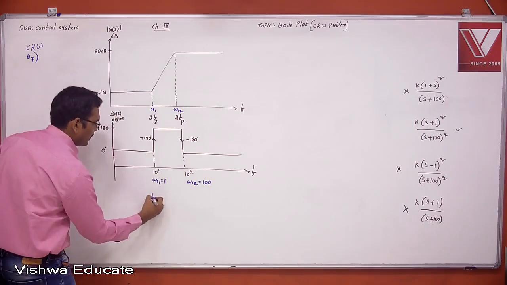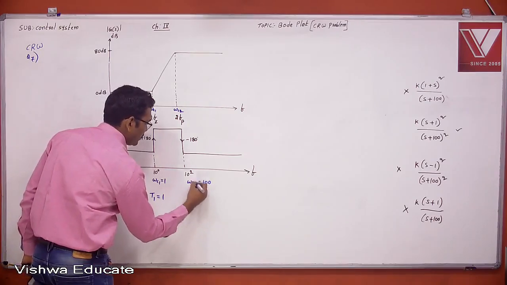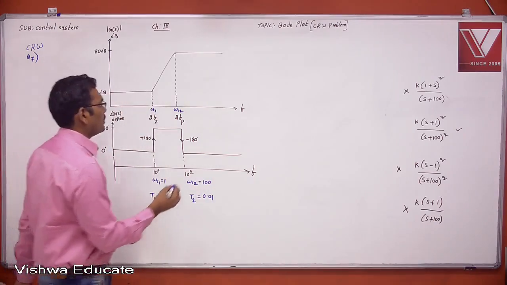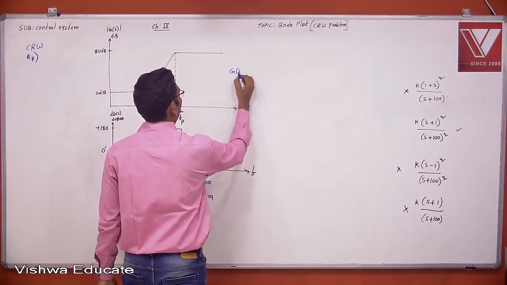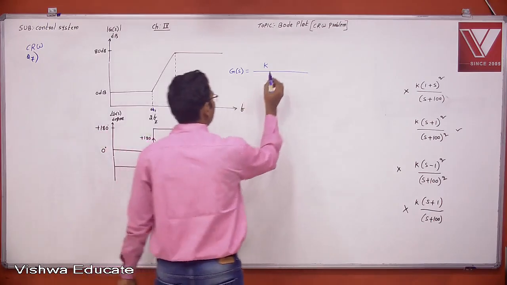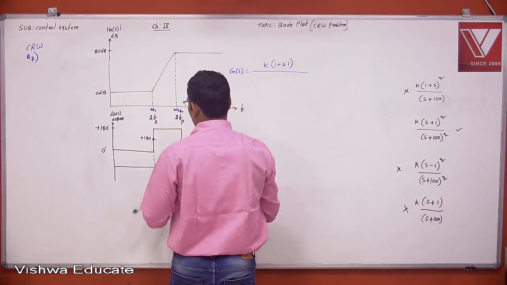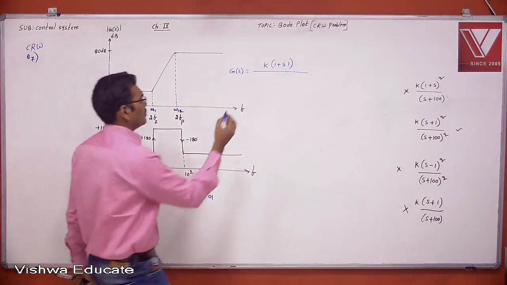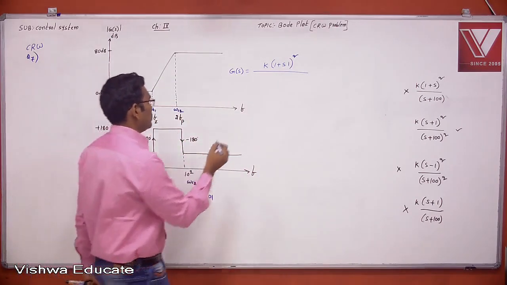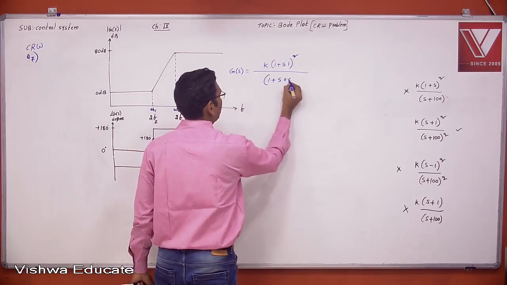Now the corner frequency and time constant are inversely proportional. T1 equals 1, and T2 is inversely proportional, 1 by 100, which is 0.01. So now the transfer function G of s is equal to K into (1 plus s T1) whole square, where T1 equals 1, because there are two finite zeros, divided by (1 plus s T2) whole square, because there are two finite poles, where T2 is 0.01.